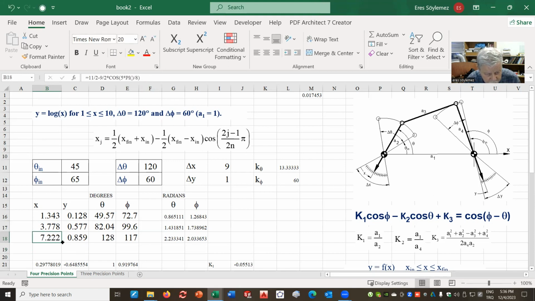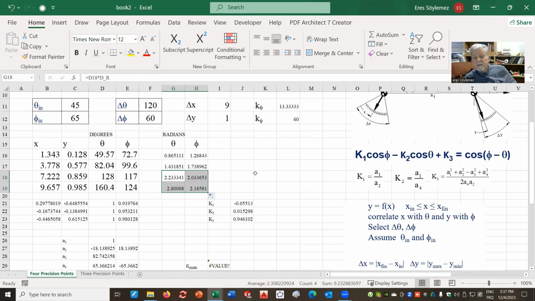And my last precision point, which is not in here, oh, sorry. I will copy it like this. 7 pi over 8. Y will be, okay. Now I'm going to write another equation. Then I will do like this. Move it down. Move this down.